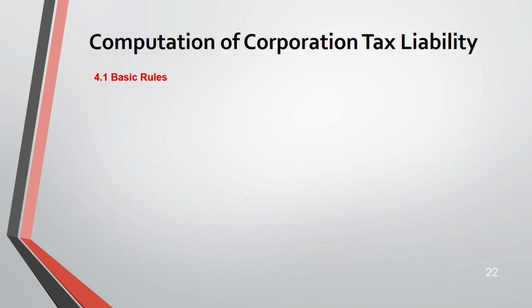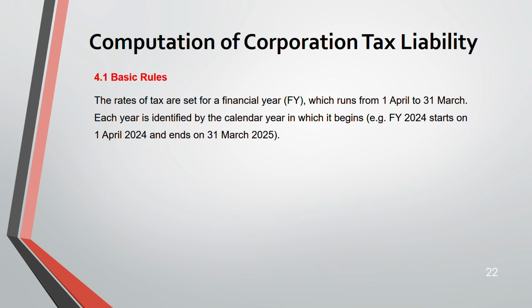Now, part 4. So we are computing basic rules. What are the basic rules? So your financial year, this is for corporation tax. For a company, it runs from 1st April to 31st March every year. So we take it as financial year.